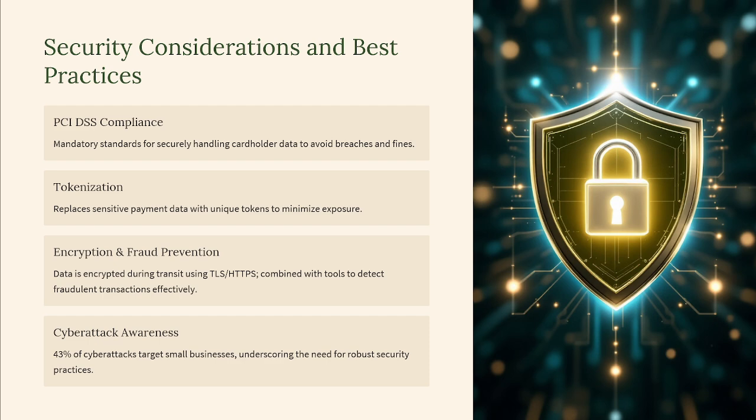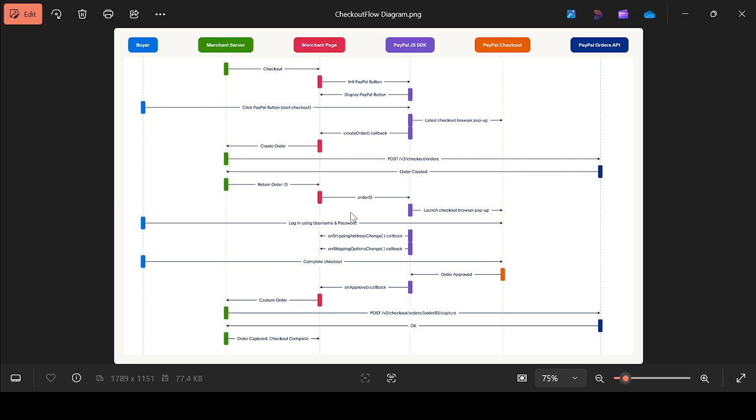Now, there is a checkout flow diagram of one of the PSPs, that is PayPal.